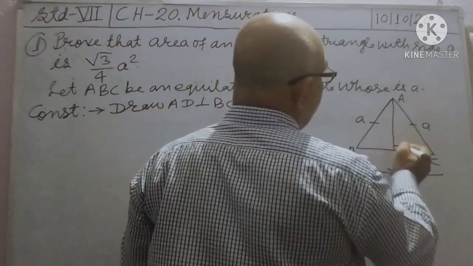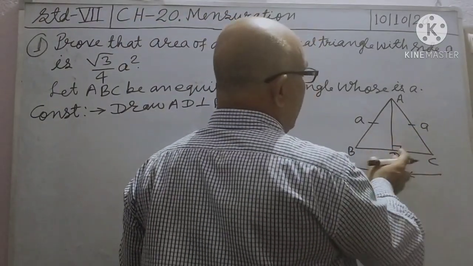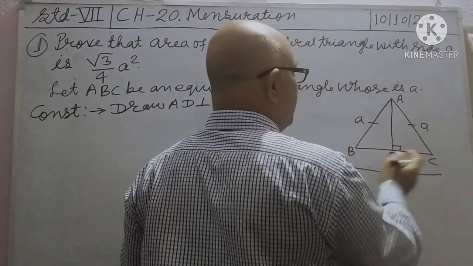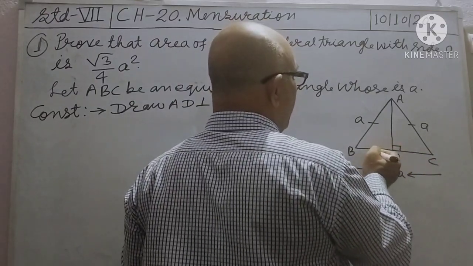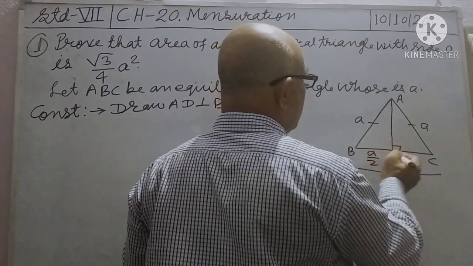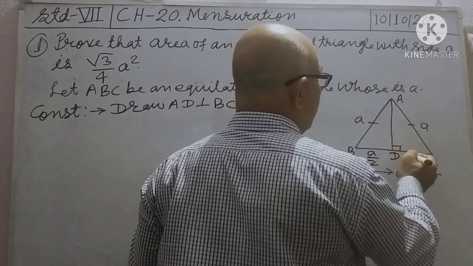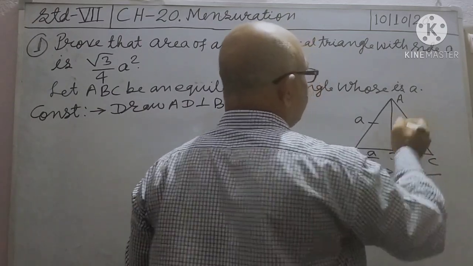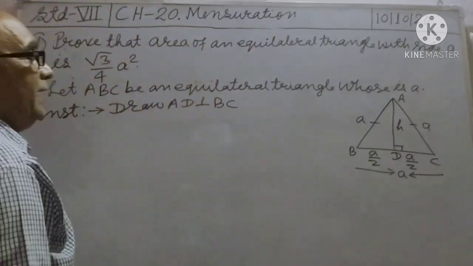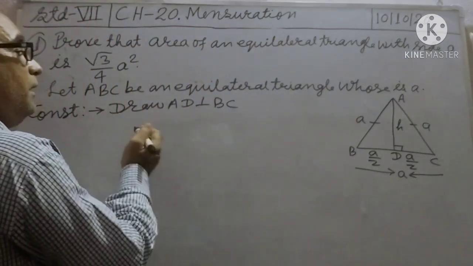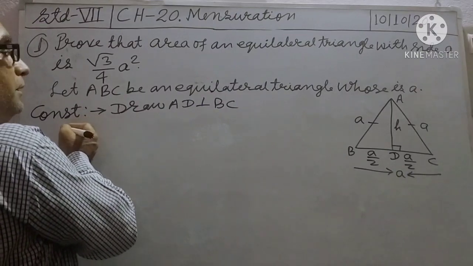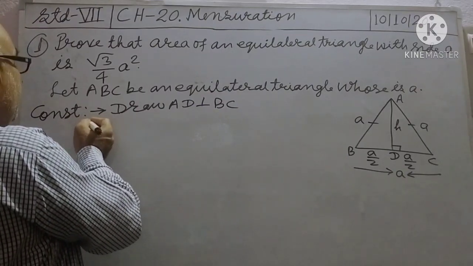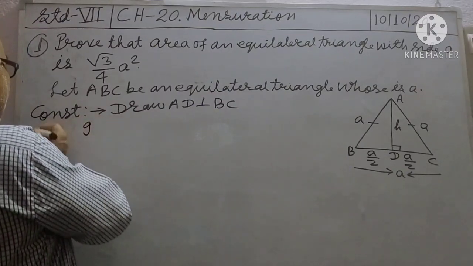So AD bisects BC. So BD is a by 2 and CD is a by 2. And AD is height H. Now find in triangle, proof.